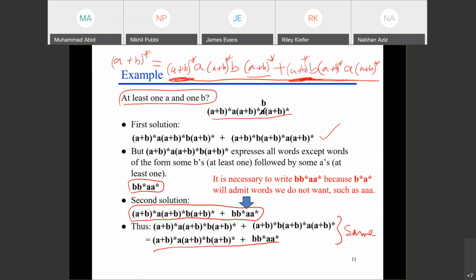What are the missing words which are not there, and we can add them. We can add a regular expression to achieve those words which right now we are not able to generate by this machine, and then we can say that this is now equal to A plus B whole star.